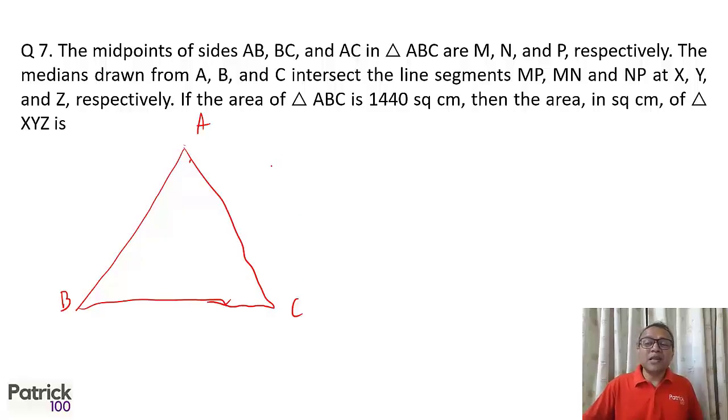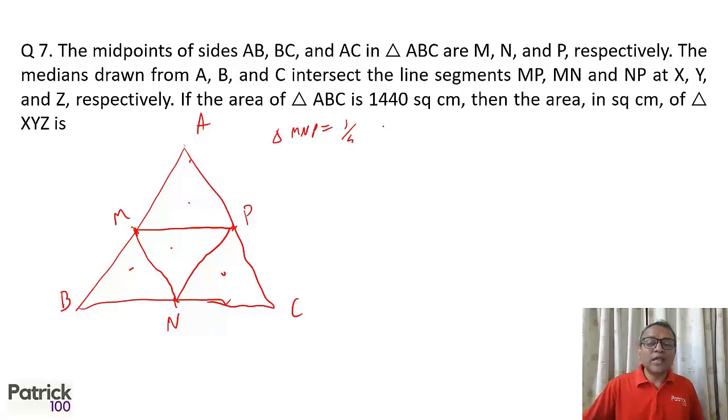Now, M, N and P are midpoints. M is the midpoint of AB, N is the midpoint of BC, and P is the midpoint of AC. So when you join the midpoints, it basically divides the whole figure into 4 equal parts if you look at it. So triangle MNP is 1/4 of triangle ABC's area.